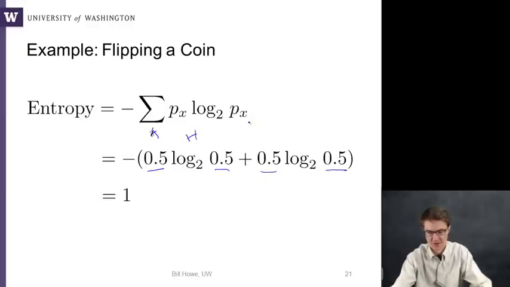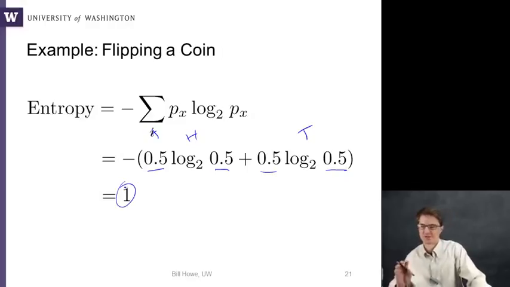This representing heads and this representing tails. And if you compute that, the answer is 1. And this is appropriate because we imagine that flipping a coin gives us exactly 1 bit of information. It tells us the result of one 50-50 choice.